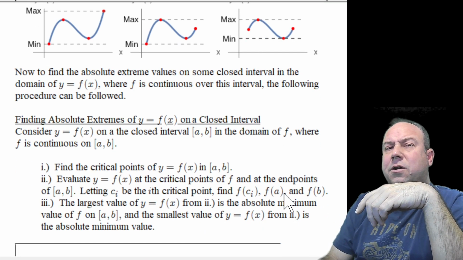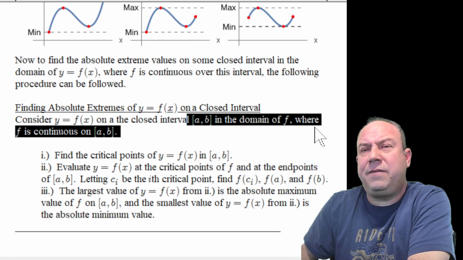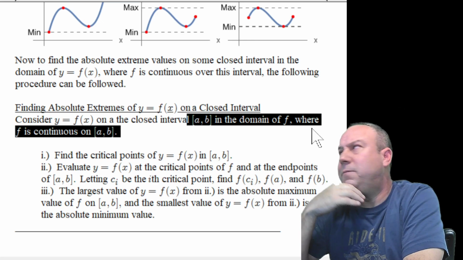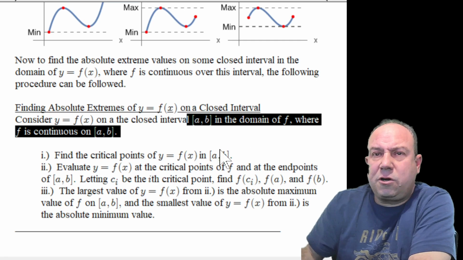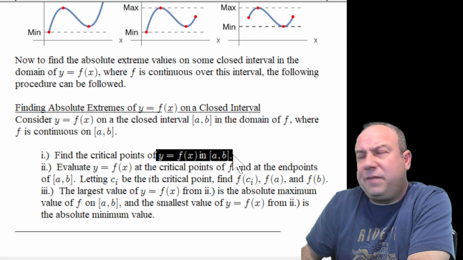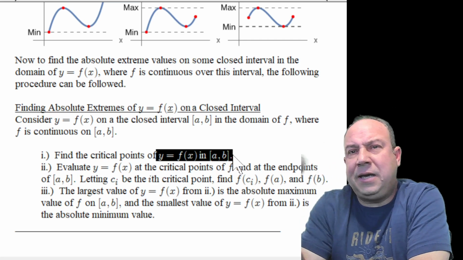It says consider the function y equals f of x on the closed interval from a to b in the domain of f, where f is continuous on this closed interval. The first thing you're going to do is find the critical points of f. And more specifically, find the critical points of f that are in that interval from a to b.